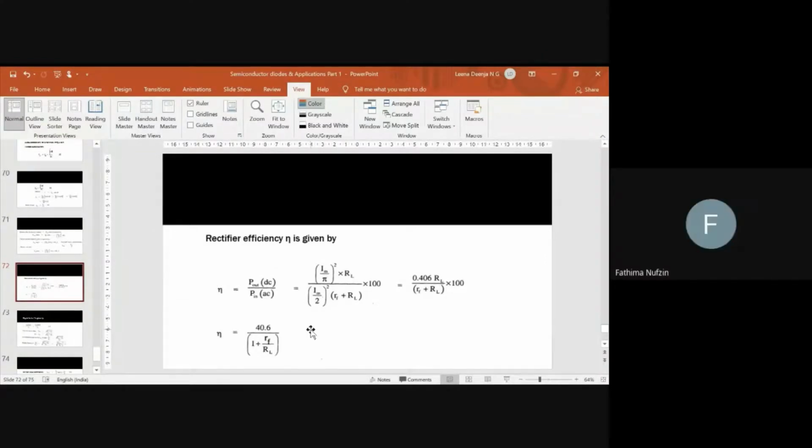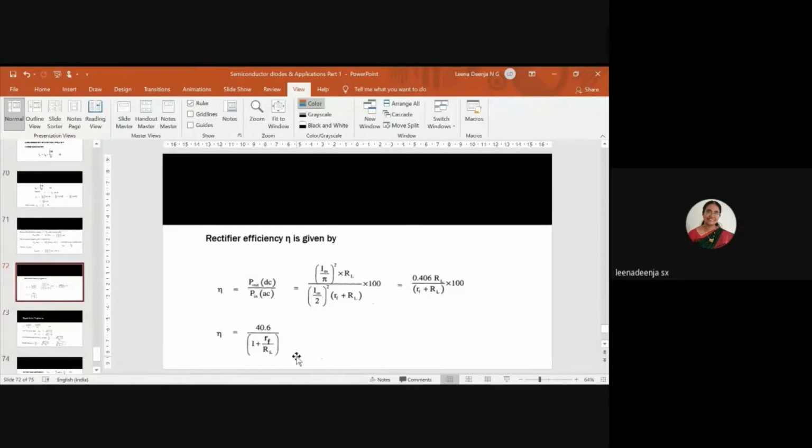What is RF? Forward resistance of the diode. RL is the load resistance, and load resistance is much greater than RF. So we can consider RF as close to 0. If it is very, very small, then we can take this as 0, so RF divided by RL is almost 0.